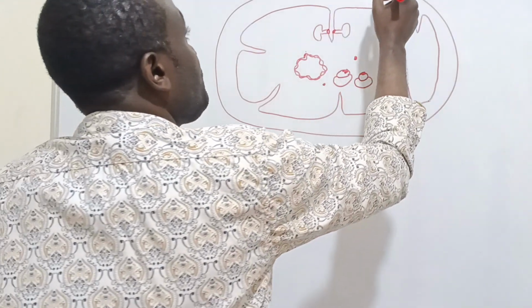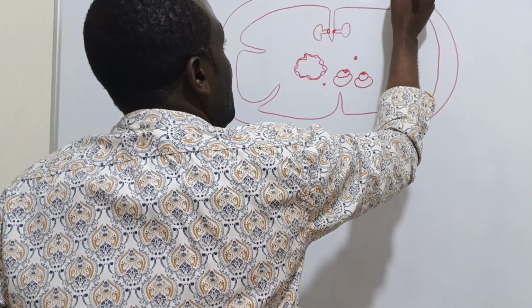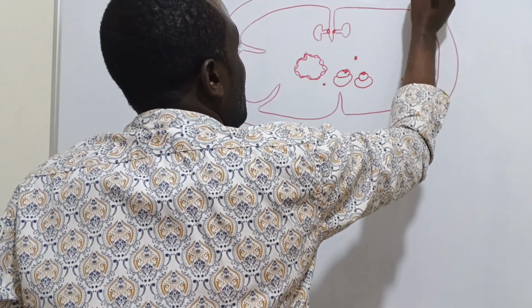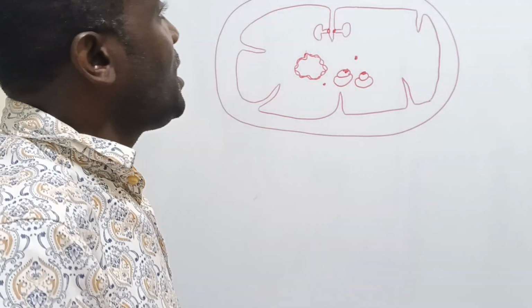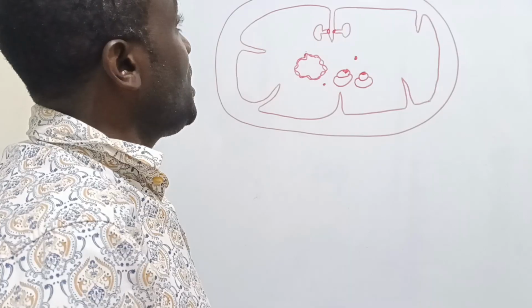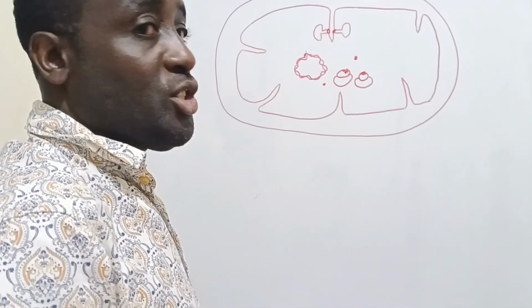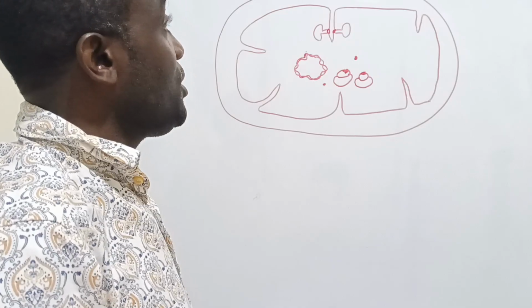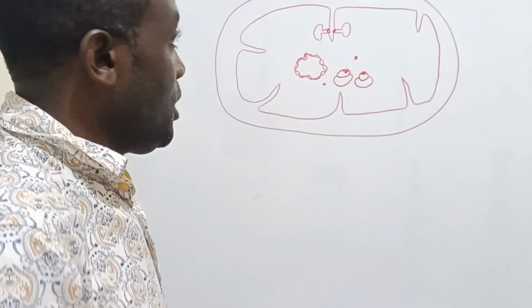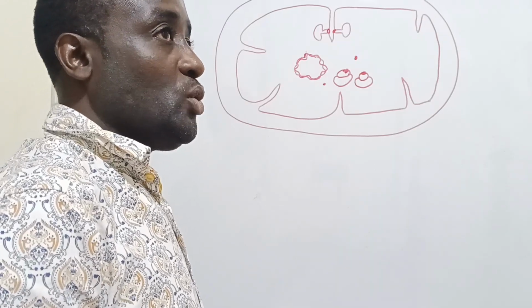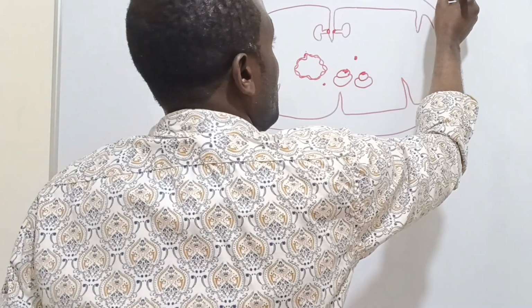This one here you see is the outer membrane. That outer membrane is highly porous. It allows many small molecules to easily go through, especially molecules that are below 5,000 Daltons.